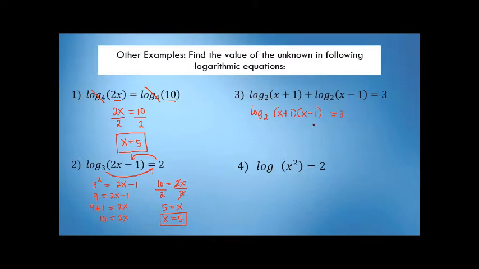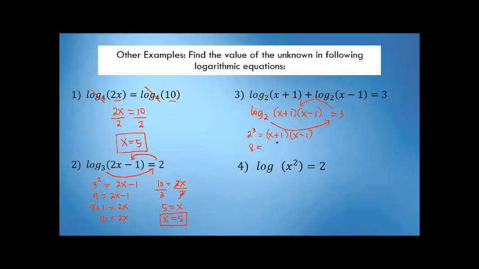Then, pwede natin i-convert into exponential form. So, that is 2 raised to 3 is equals to x plus 1 times x minus 1. We have 2 cubed is equals to x plus 1 times x minus 1. Simplify natin. 2 cubed is 8.